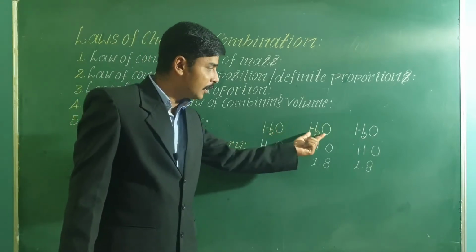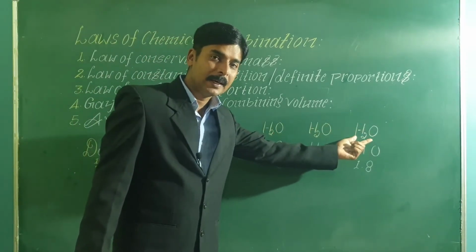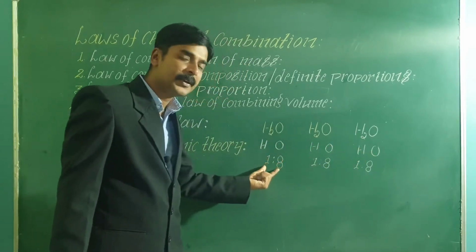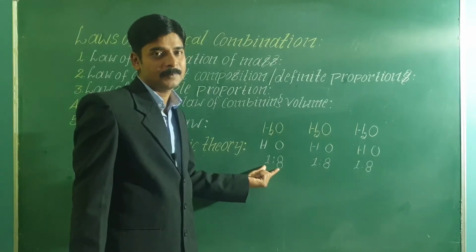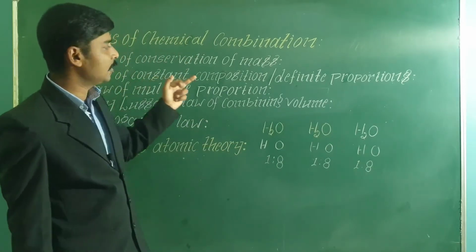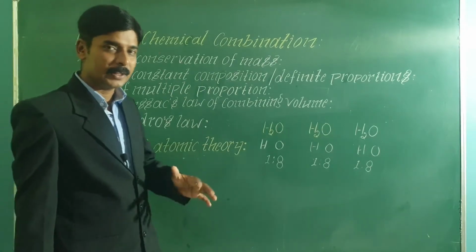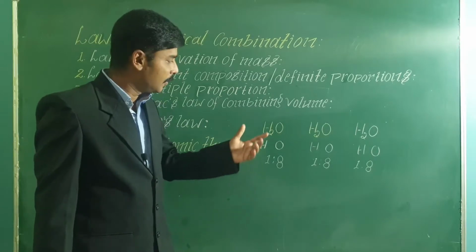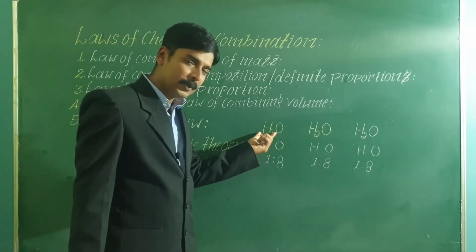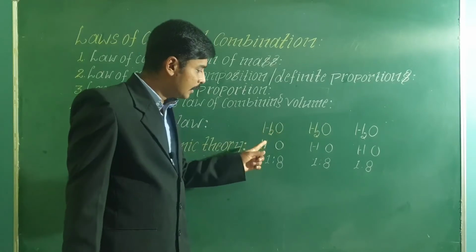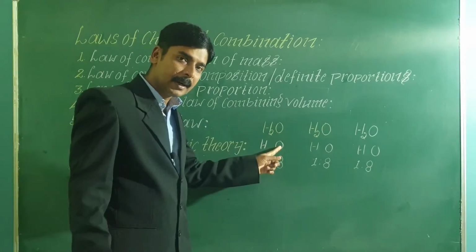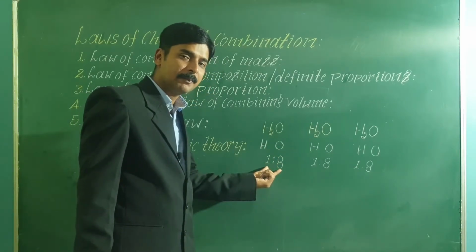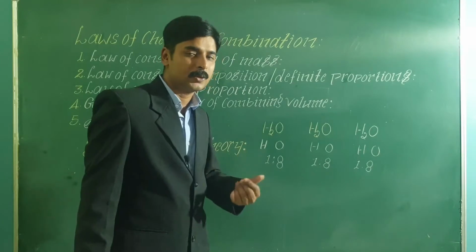This is called the law of constant composition. So once again I will repeat. The law of constant composition states that pure chemical compounds contain the same elements combined in a definite proportion by mass irrespective of the source.